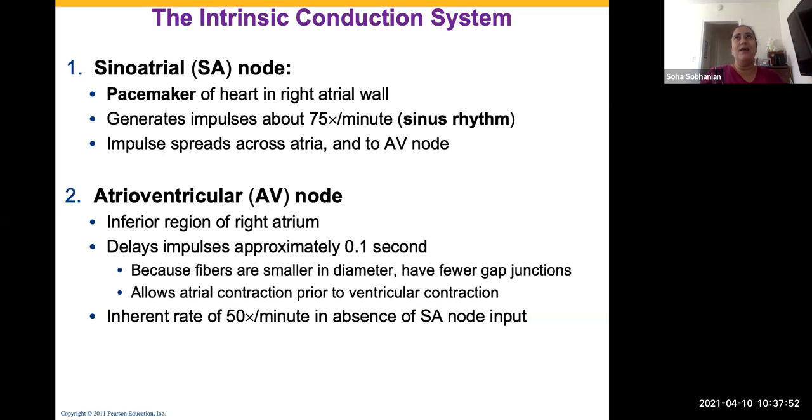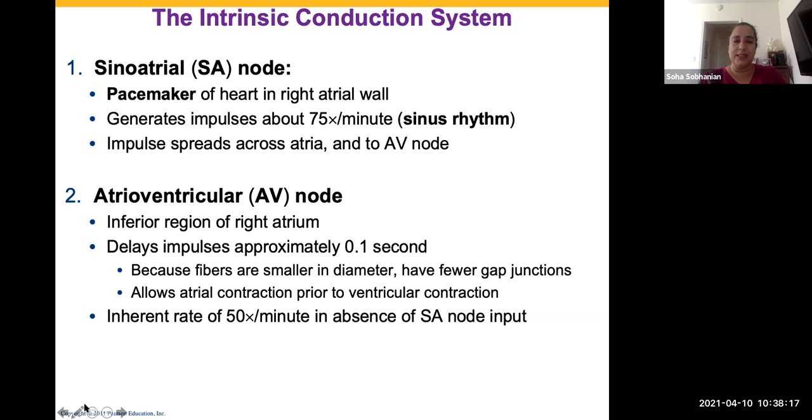The way I kind of think about it is SA node is your president and AV node is your vice president, guys. So if, for whatever reason, the president is not available, then your vice president takes over. But the vice president will not have the same power as the president, okay? So it's the second one in command, but it doesn't have the same power.